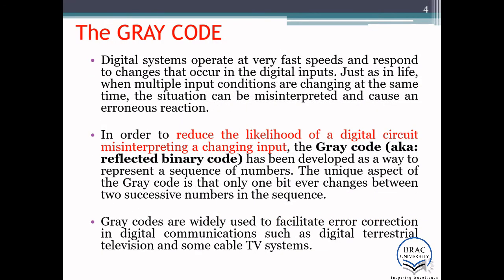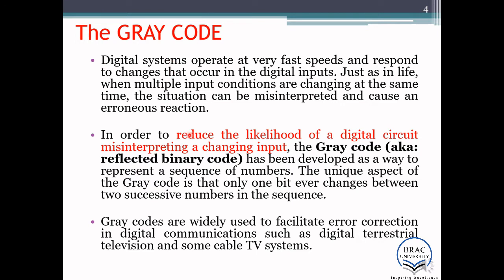Now we will discuss the Gray code. Digital systems operate at very fast speed and respond to changes that occur in the digital inputs. Just as in life, when multiple input conditions are changing at the same time, the situation can be misinterpreted and cause an erroneous reaction.